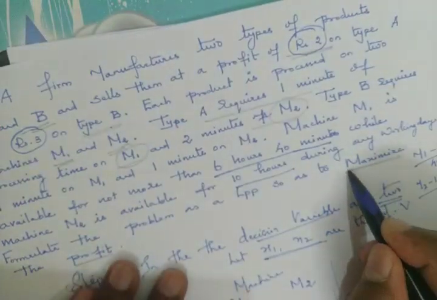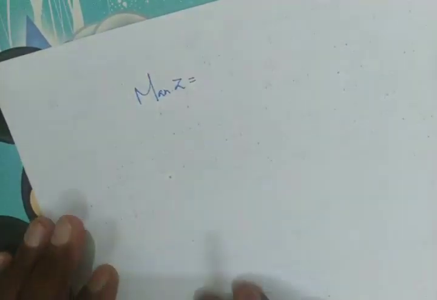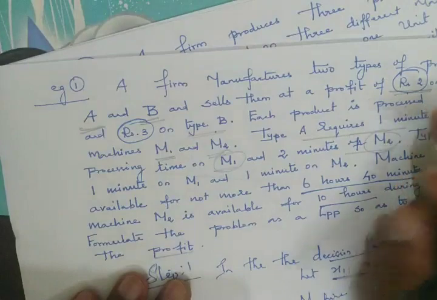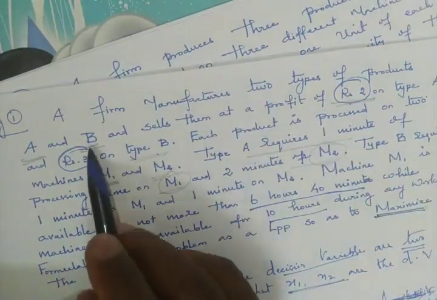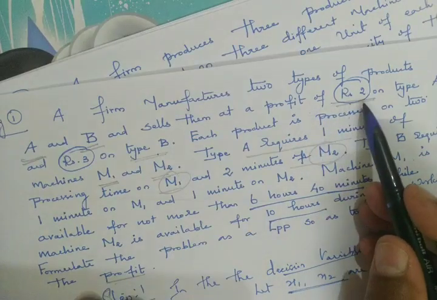What is your objective? Your objective function is in the final line, which indicates the objective. In this problem they mention maximize. So you are going to maximize Z. Here two products, product A and product B, come. The profit price of A is 2.